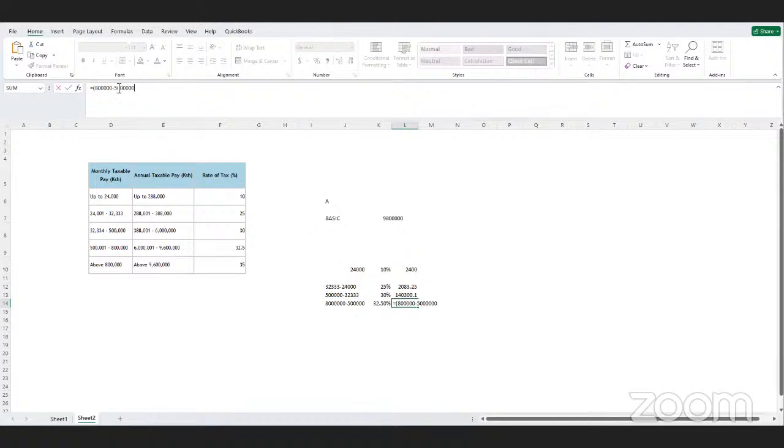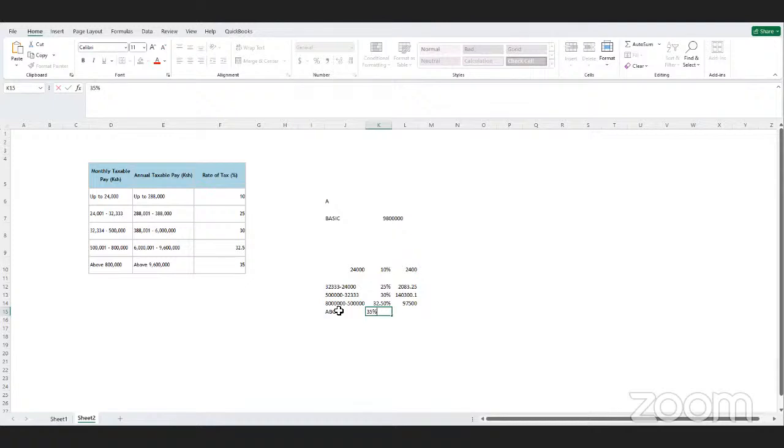Whatever we are getting, multiply by 32.5%, which will give us that. And now anything above 800,000, we will multiply by 35%.